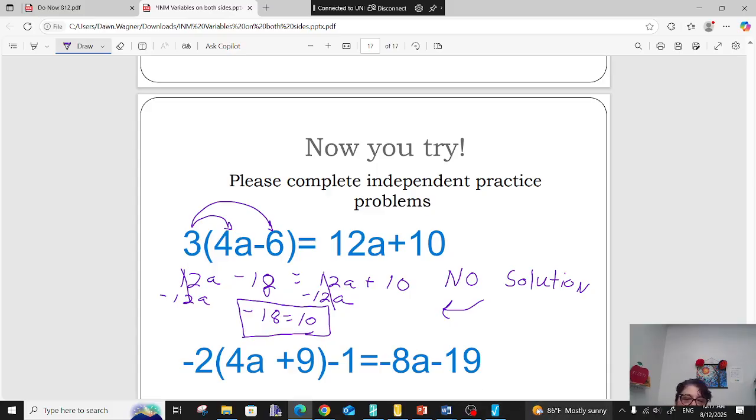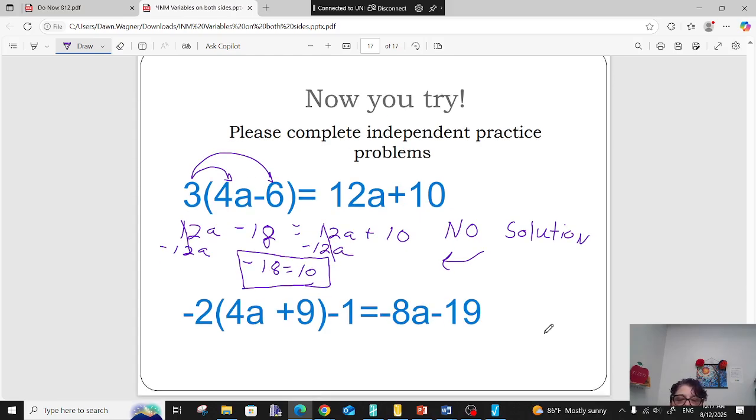This next one will be all real numbers because you get an answer where a number is equaling itself. Watch what happens for this one. So it'd be negative 8a minus 18 minus 1 equals negative 8a minus 19.